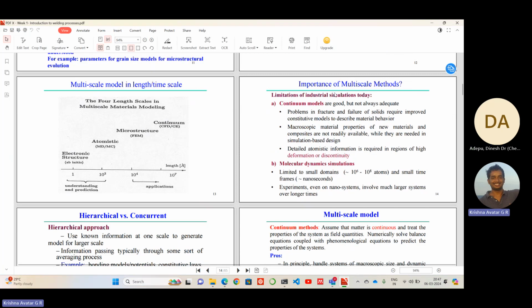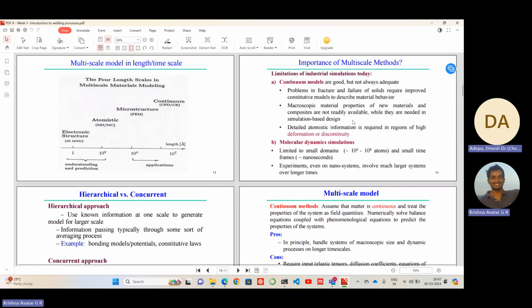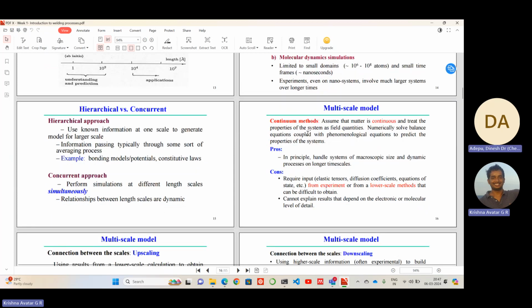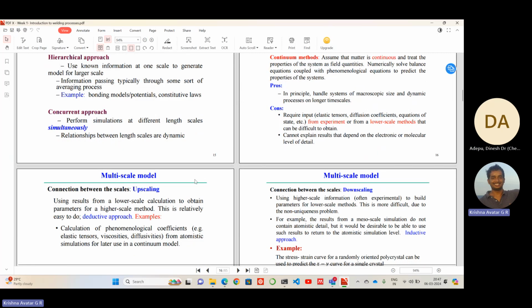And why is there importance of multi-scale modeling? It depends on where we look and what problems we are solving, isn't it? Continuum models do not allow any discontinuity, right? But molecular dynamics studies discontinuous systems. There are certain pros and cons for the continuum approach.